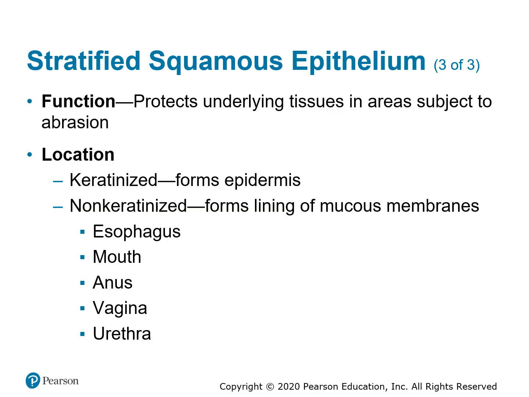So, like I said, it protects the underlying tissues from abrasion, so that if you scrape your elbow or you fall off a bike or something like that, you're not just straight digging into the muscle. You have that layer of epithelium to protect. So keratinized forms your epidermis. Non-keratinized forms the lining of the mucosal membranes in all of these locations, etc. Okay?